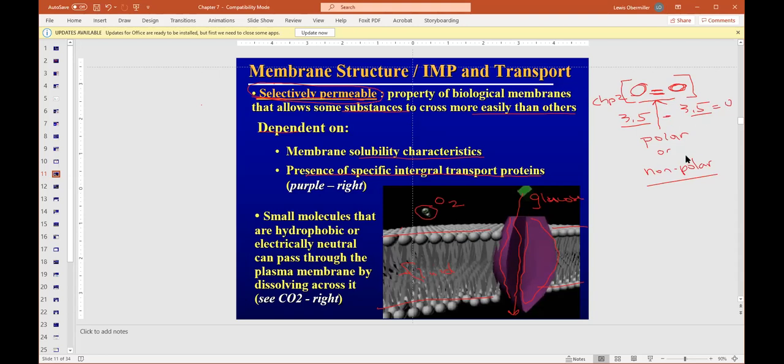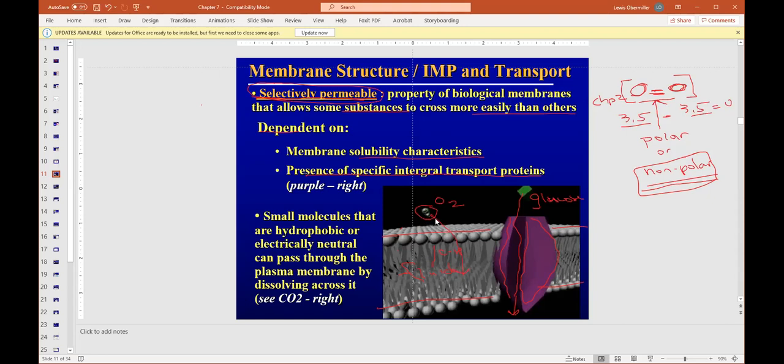So if they share equally, are they polar or non-polar? Non-polar. Yes, exactly. And what's this membrane in here? Remember, these are carbons and hydrogens. They're also non-polar. Remember, like dissolves like. So here's the question. Can oxygen dissolve in the phospholipid bilayer?